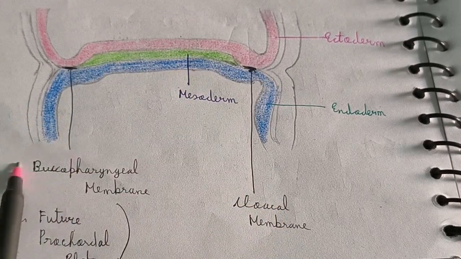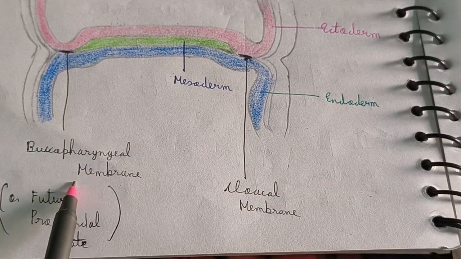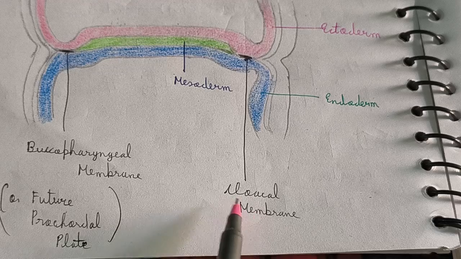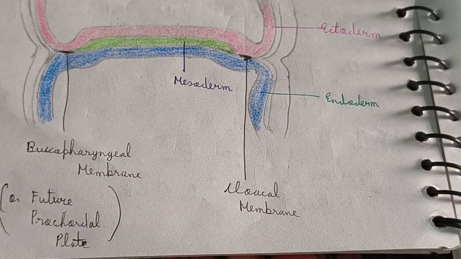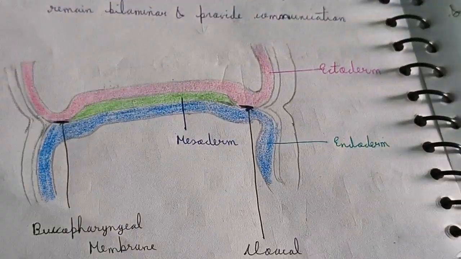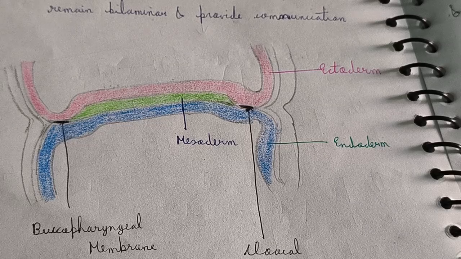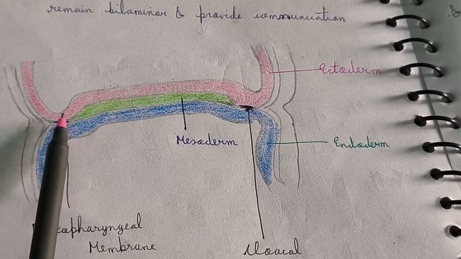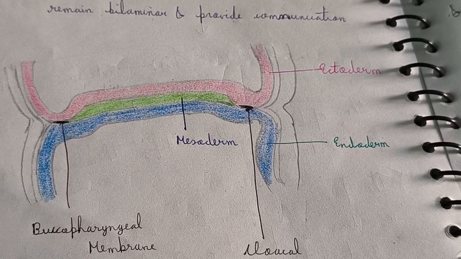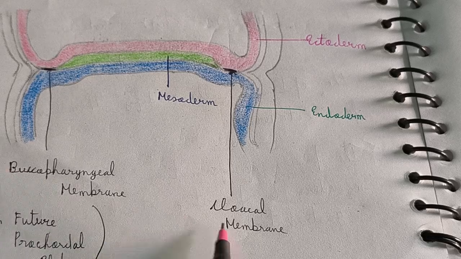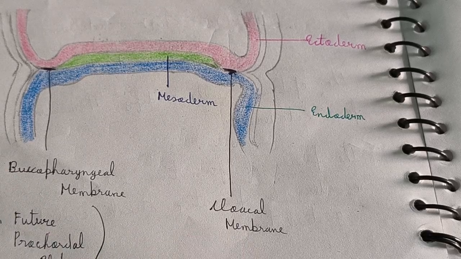The two regions are the buccopharyngeal membrane, which is the future procaudal plate, and the cloacal membrane. By seeing the diagram you can realize which two regions have no intraembryonic mesoderm, with ectoderm and endoderm in direct contact. The first one is the buccopharyngeal membrane, and this is the cloacal membrane.